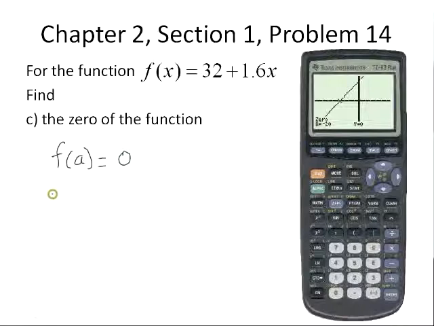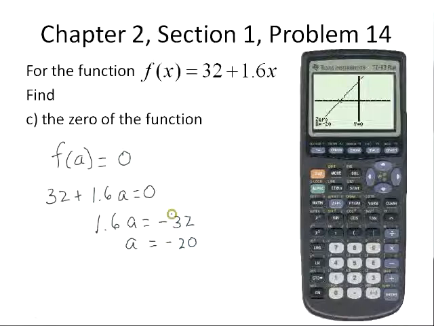In other words, we take 32 plus 1.6 times A, that's what f of A is, and set that equal to 0. Solving this just like we did earlier, we have 1.6A is equal to -32. And in turn, A is equal to, as before, -20.